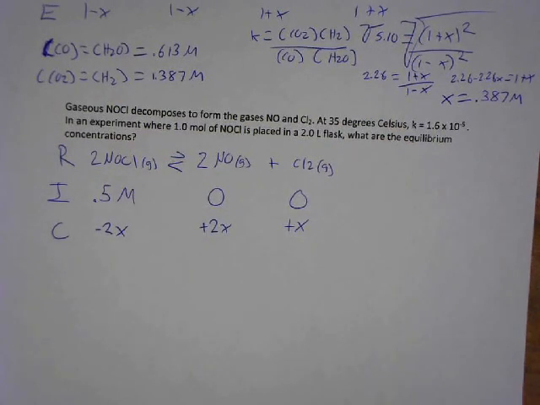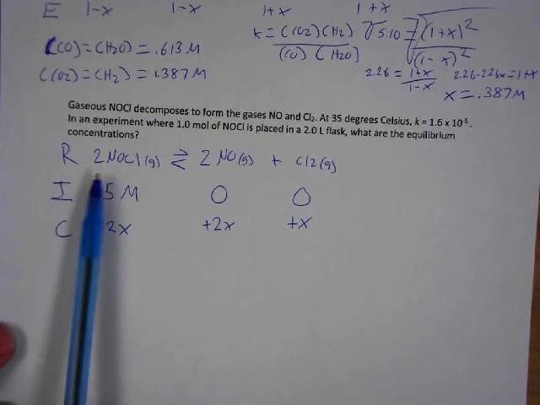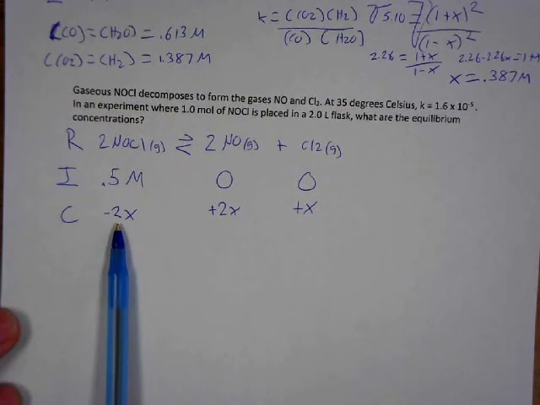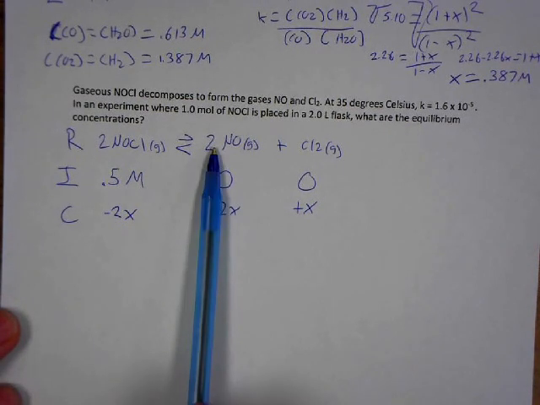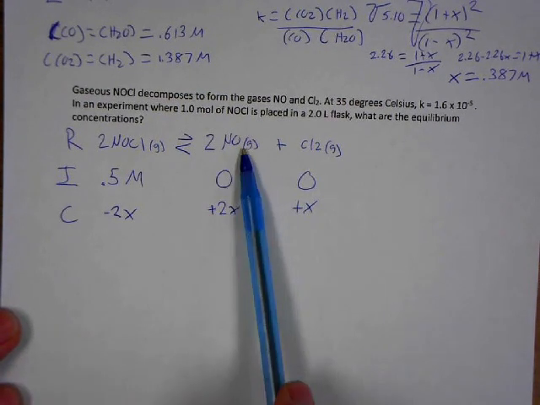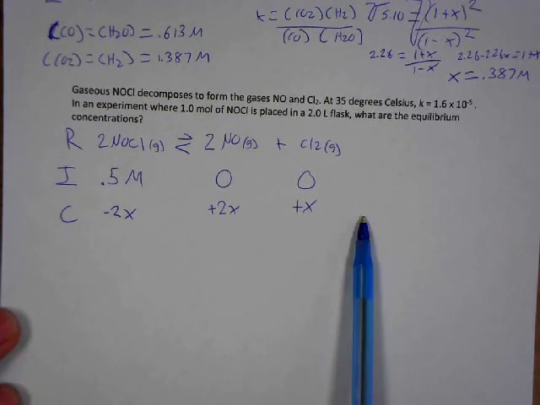Brendan, can you give me a quick refresher on what step C is? So C is the change. How are your reactants and products changing from initial conditions to equilibrium? Because there's a coefficient of 2 here, this is going to be decreasing by 2x.